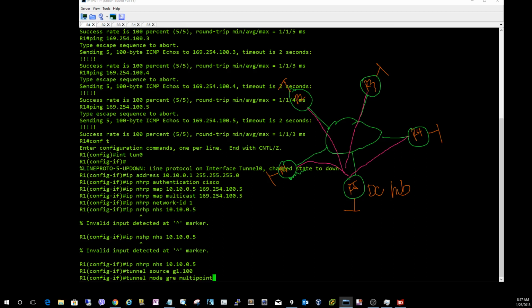The only difference between basically phase 1 and phase 2, let me touch on that. If you're doing phase 1, on the spoke itself, instead of doing tunnel mode GRE multipoint, you do tunnel destination, then the public IP of the hub.